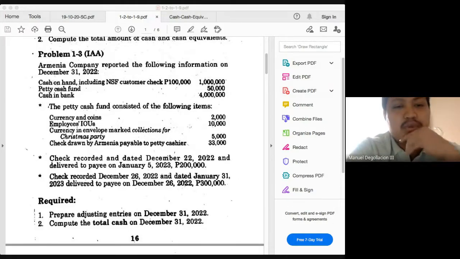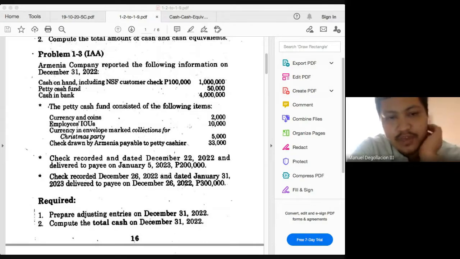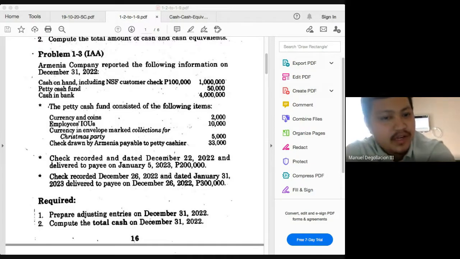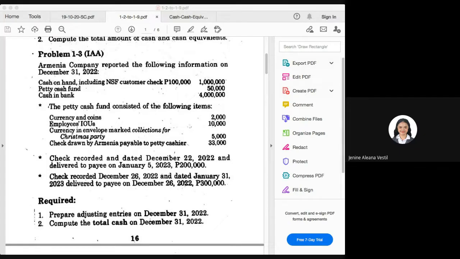Help me again with the totals here, class. Cash on hand should be 900,000. Petty cash fund should be at 35,000. And then cash in bank should be 4,500,000 after adding back the 200,000 and 300,000 payments. So this would give us how much? 5,435,000, sir. That's correct.